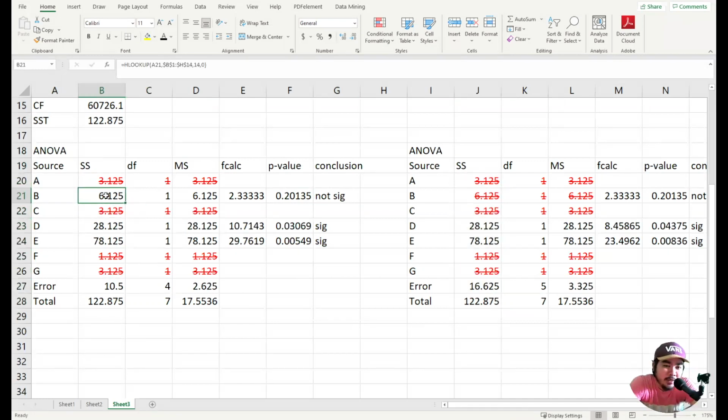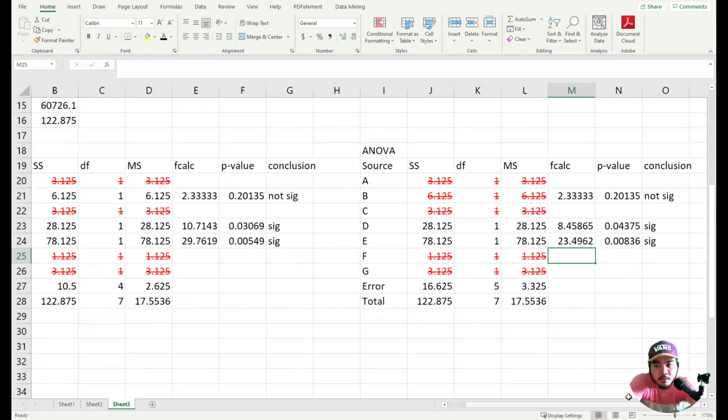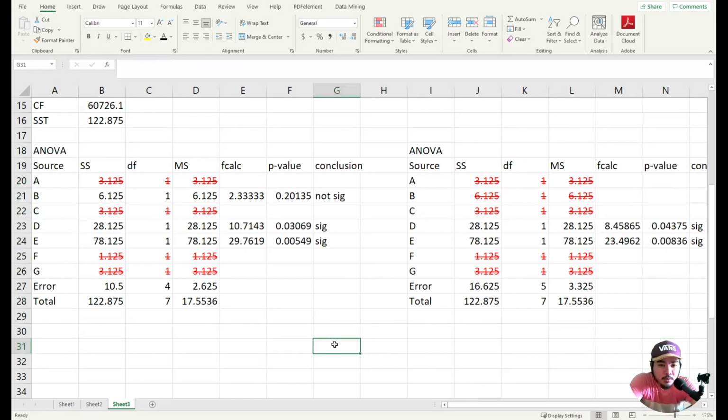Pero para sa akin, itong 3.125, it's very small value, so pwede natin i-pull. Pero 6, maybe it's not small enough, so kaya i-test pa rin natin, which in effect, eventually mapuprove din naman natin na not significant siya through the p-value. So okay lang na isama natin siya. So both methods, kahit sinama man or hindi, not significant pa rin si factor B, no? Yung 6.125 na to. Okay?